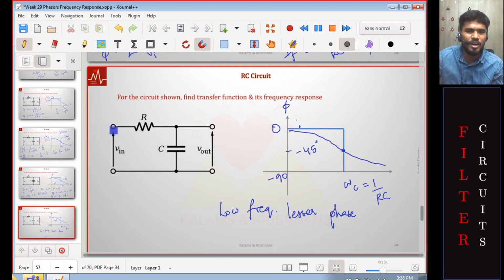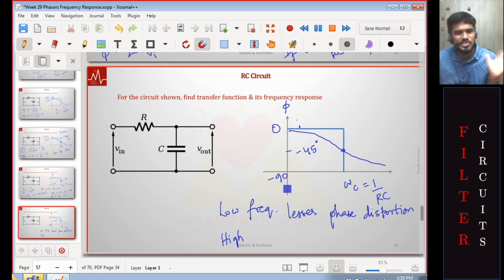You send in one heartbeat, you want the same heartbeat here. You don't want a next heartbeat. The delay shouldn't be so much. Phase is, notice, time delay, right? So that's distortion. Low frequencies, lesser phase distortion. High frequencies, most phase distortion, and maximum distortion is fortunately in this case just 90 degrees.